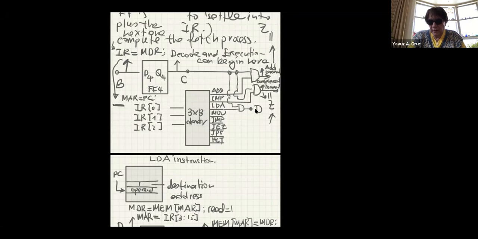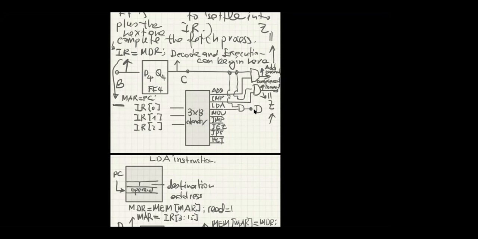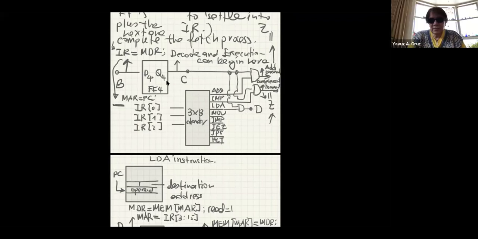I don't have a flip-flop here anymore. It's like concurrent. On this path that you see, there would have been an extra flip-flop. I just avoided that by moving this a step earlier.